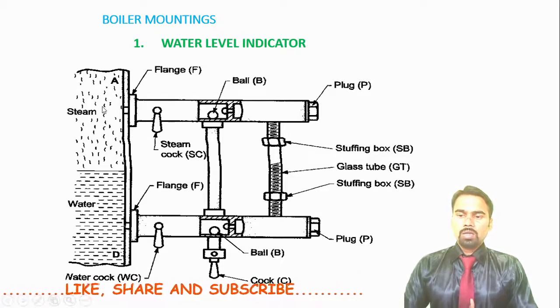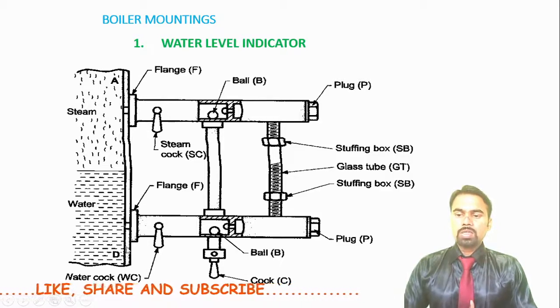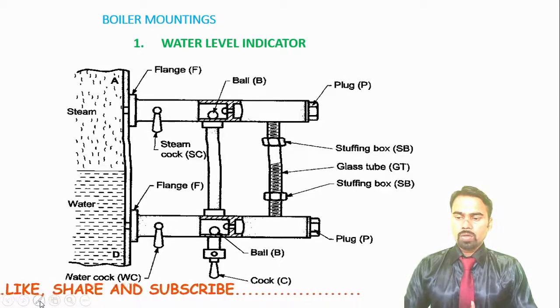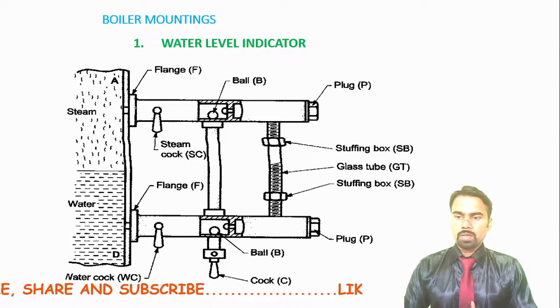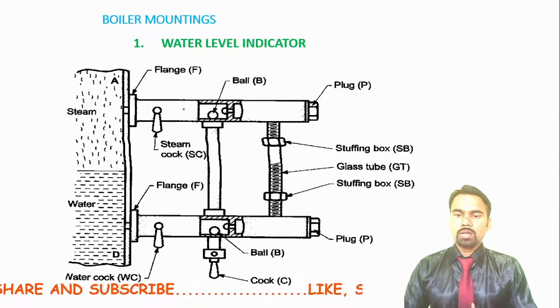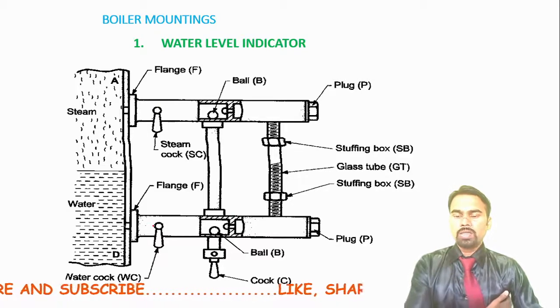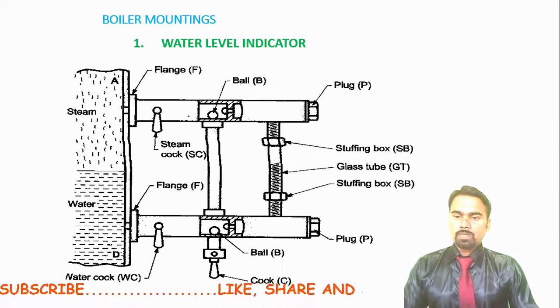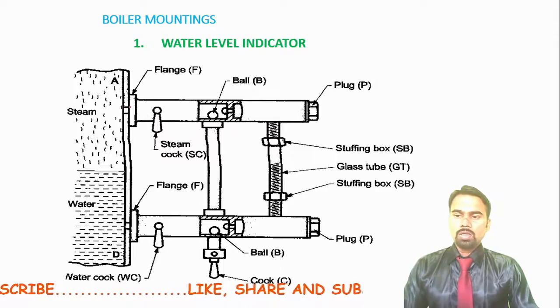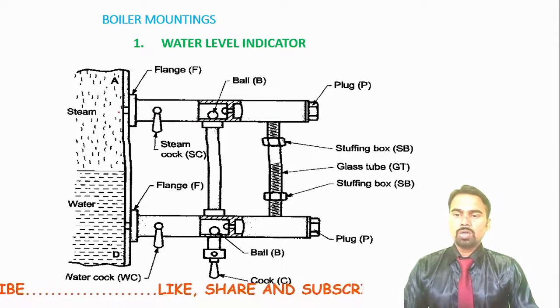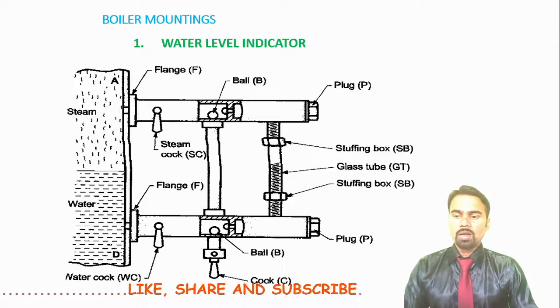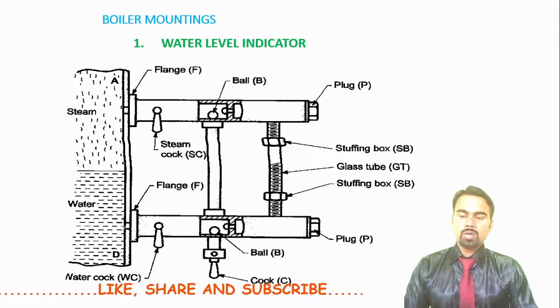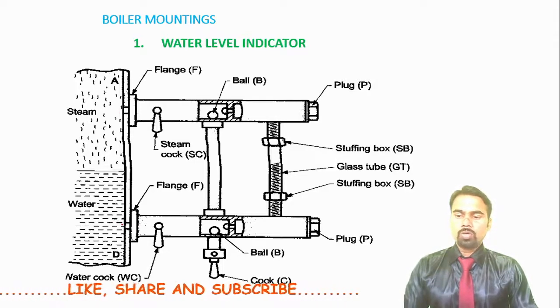So see here, this is a boiler shell. To this boiler shell the water level indicator is attached. The upper portion is in contact with the steam portion of the boiler shell, and the lower portion is in contact with the water portion of the boiler.